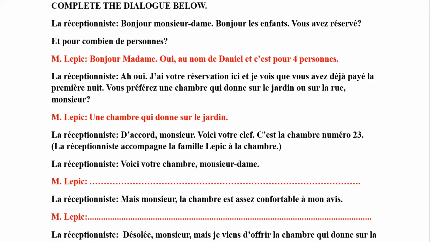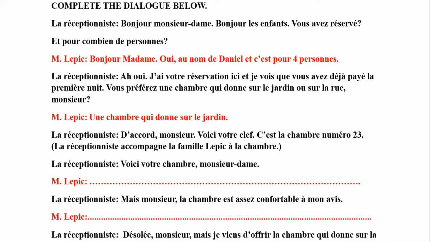Okay, sir. Voici votre clé. Here is your key. C'est la chambre numéro 23. It's room number 23. And then in brackets, it says, la réceptionniste accompagne la famille Le Pic à la chambre. The receptionist accompanies the Le Pic family to the room.